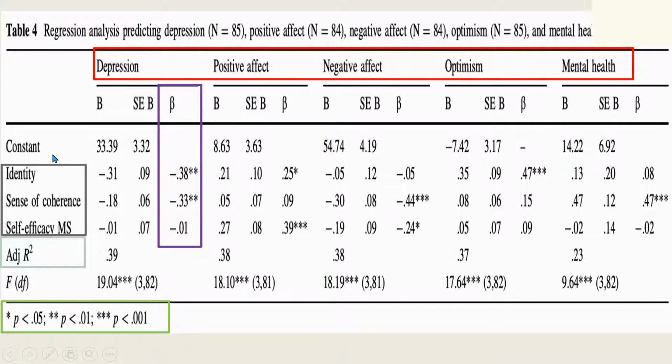And then these on the sidebar, those are the independent variables: the identity, sense of coherence, and self-efficacy. So we have our variables, and you can see here again, we have our beta. And these are the numbers that we want to be looking at when we're interpreting this table for the assignment.